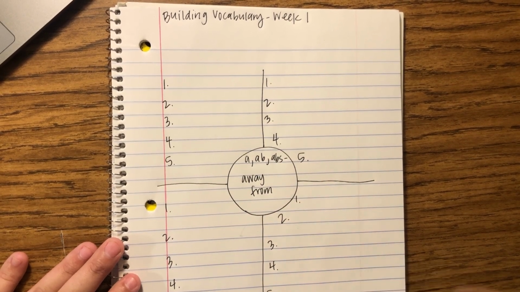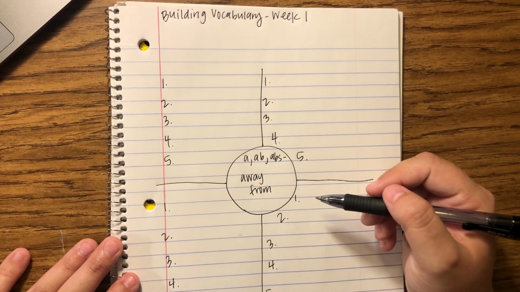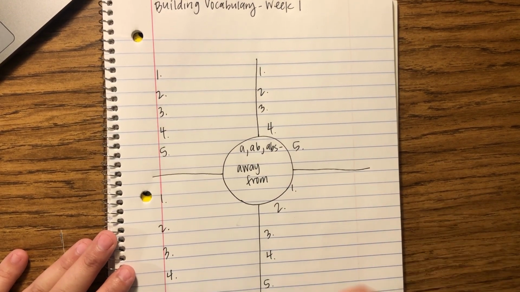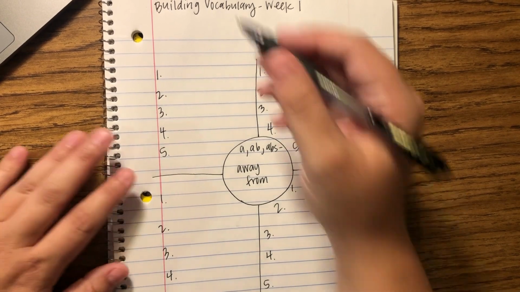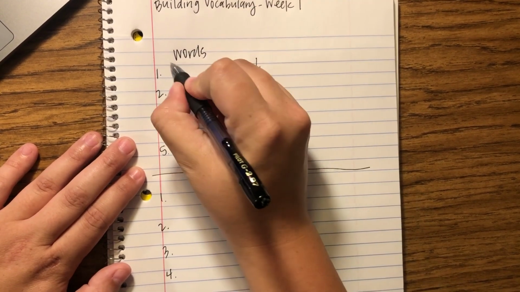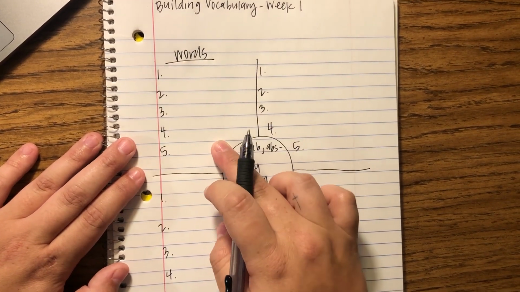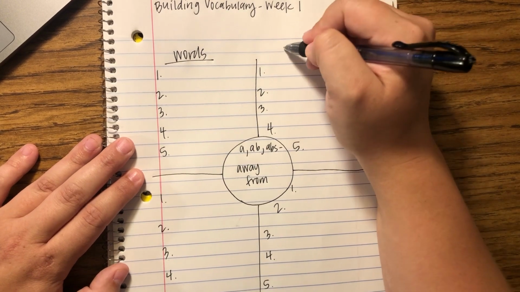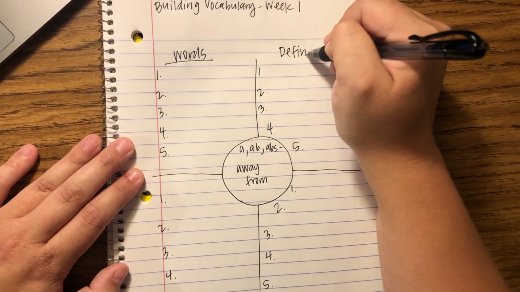And we're going to use vocabulary that we're going to see while we're reading, things that we would use in normal life, and maybe words you've seen before but you don't quite know what they mean. So the first word that we're going to use, we're going to put all of the words here. The new vocab is all going to go in this part of the graphic organizer. And then in this part of the graphic organizer, we're going to put the definitions for those words.